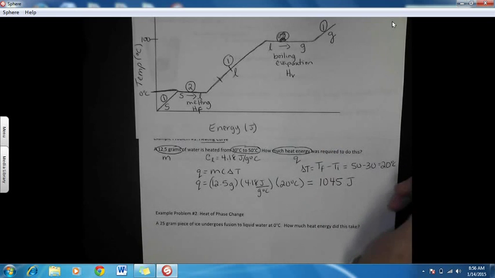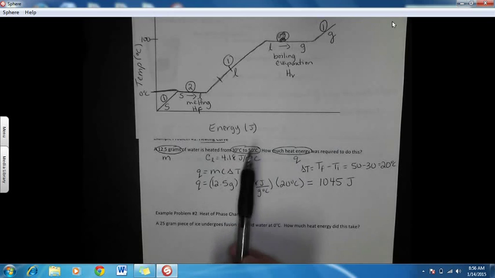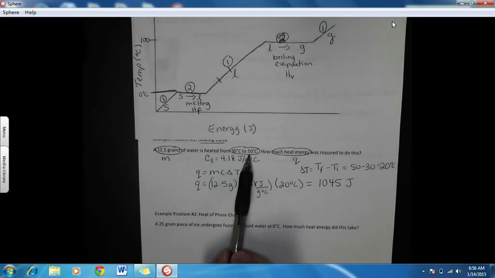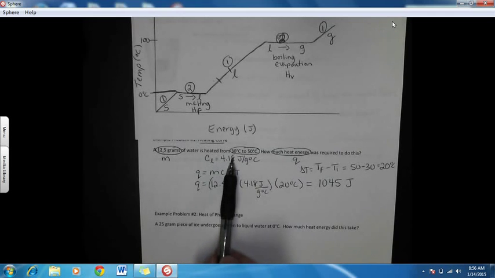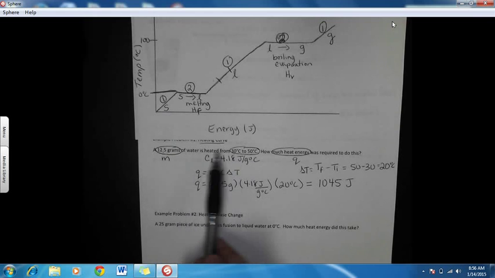Now, because we have to consider our significant figures, remember our answers can't be more accurate than our least accurate measure. Our least accurate measure in this case is our temperature, because it's only got one significant figure. Our mass has 3. Our specific heat is a constant, so we don't really worry about those because they actually go out to way more digits than we need to know. So we look only at the things that we measured.